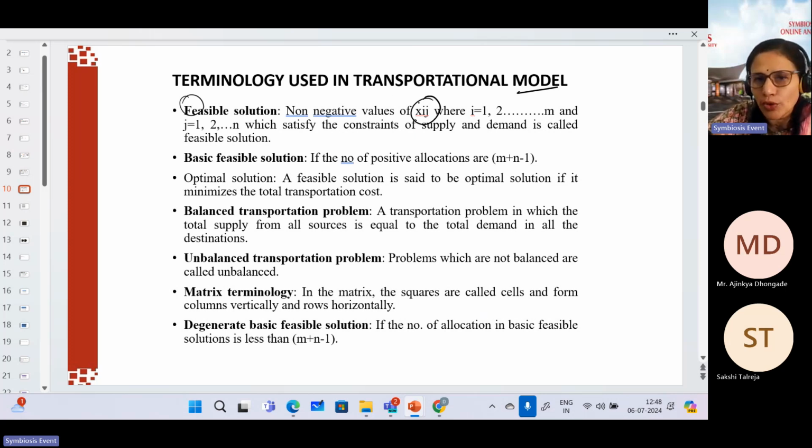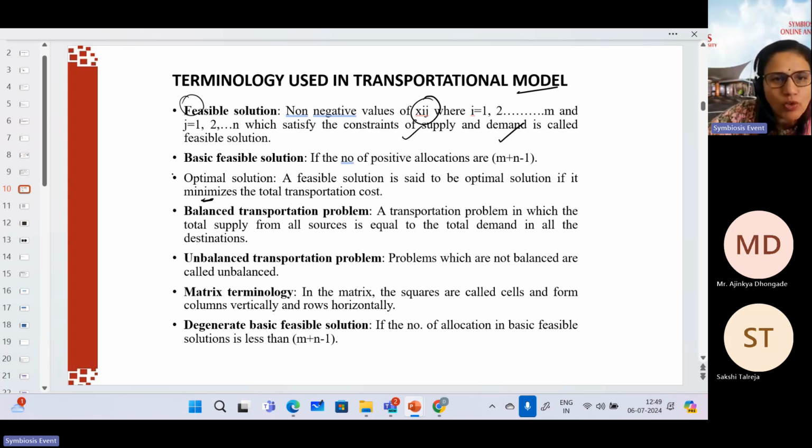How many units are going to be transported which satisfy supply as well as demand. Basic feasible solution is nothing but the number of positive allocations we made at the initial level. Optimal solution is the solution which is best among all, which means the minimum value among all transportation cost values.